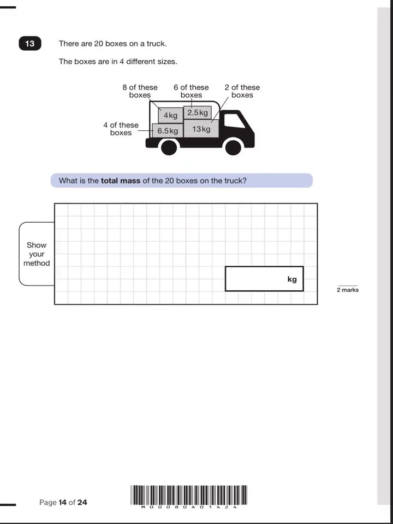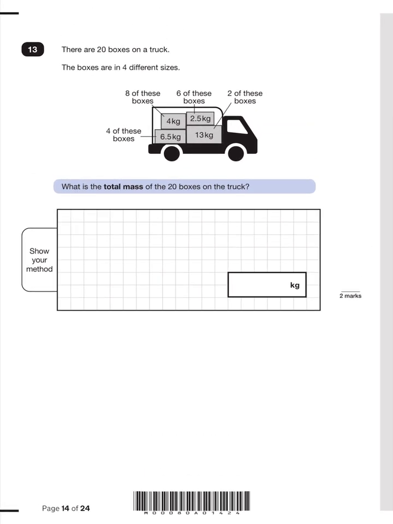Number 13. There are 20 boxes on a truck. The boxes are in 4 different sizes. What is the total mass of the 20 boxes on the truck? So we've got 8 multiplied by 4, which is 32. We've got 6 multiplied by 2.5.